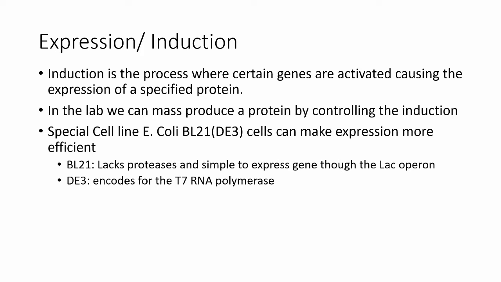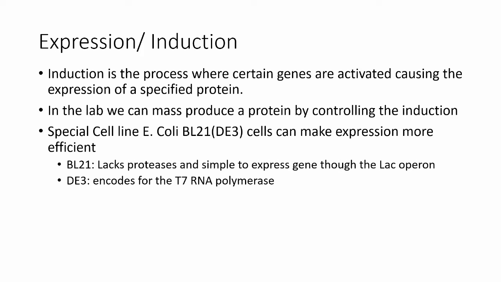We can have E. coli BL21 cells just on their own. And what the BL21 means is that these E. coli cells lack proteases, and because of this, proteins don't get degraded as easily, which is good for us if we want to mass produce a protein. Also, they are very simple to use when we want to express something through the lac operon. And you'll see why that's important later on.